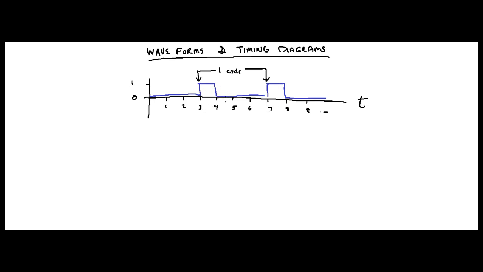Obviously, every 4 units of time, if this was milliseconds, we'd call it milliseconds. Every 4 milliseconds, right? 1, 2, 3, 4, it repeats, right? But guess what? This could also be done this way, couldn't it? We could look at it right here.